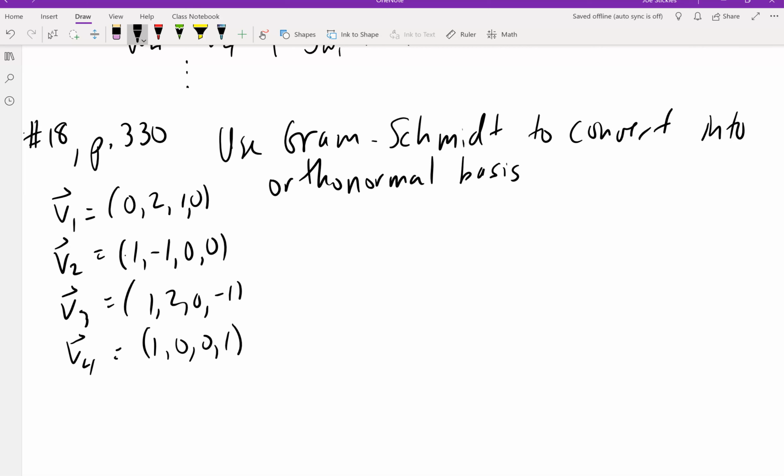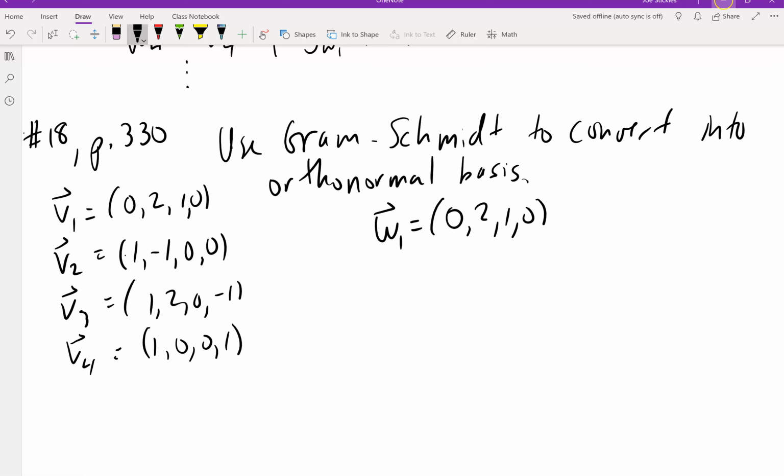But we're going to use the standard Euclidean inner product for this particular example. And in particular, I want to show you a little bit about how we can do this on the calculator. So we already know that W1 is going to be 0, 2, 1, 0.